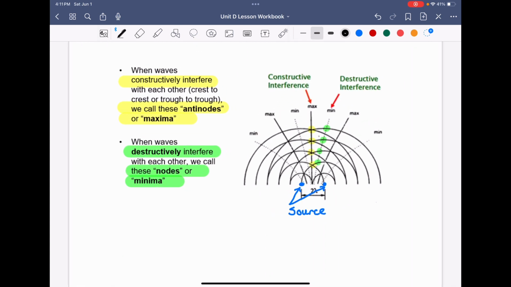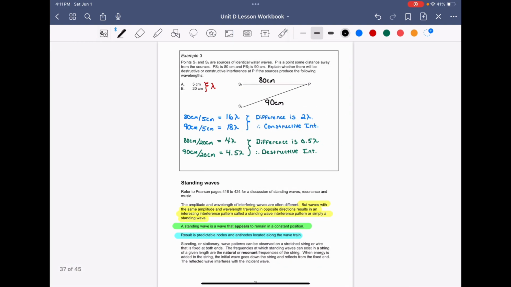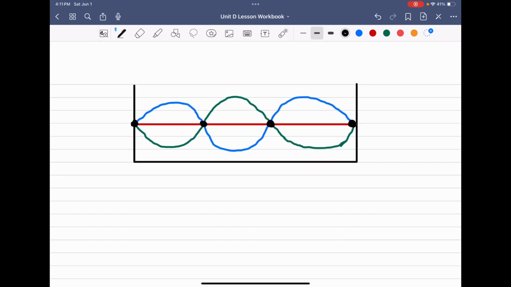So we're going to use both those pieces of terminology side by side. Nodes or minima. And I'm going to make sure I point to all of them here. So here, here, there is one here, and then there is one here. And then I'll just make sure I write up above all of them, nodes slash minima. There we go. Now it applies to all those black arrows.